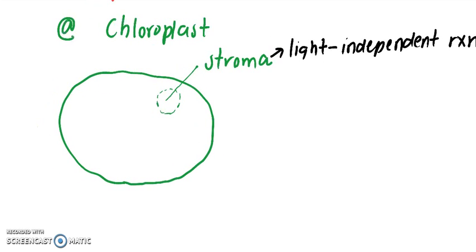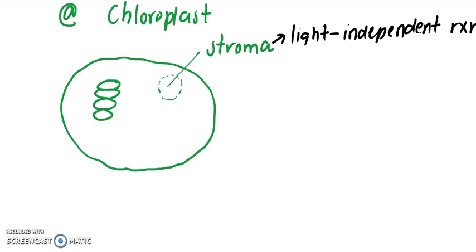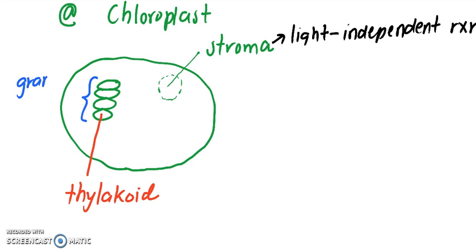Okay, inside your chloroplast, you'll have these discs stacked on top of each other. A single disc is called a thylakoid. But a whole stack of these discs, we call this a granum. And the plural of granum, if you see multiple sets of discs, is grana.